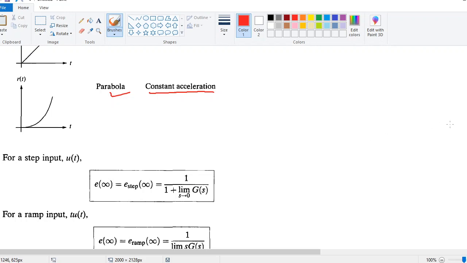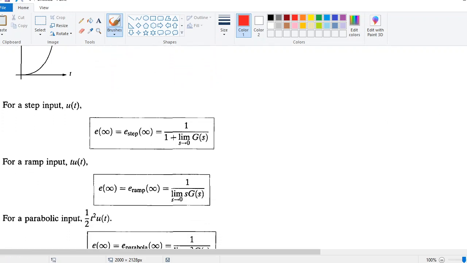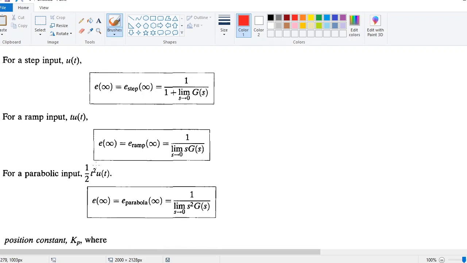Then for a ramp input, E of infinity is equal to 1 divided by limit s tending to 0 of s into G(s). And for a parabolic input, E of infinity parabola is equal to 1 divided by limit s tending to 0 of s squared into G(s).